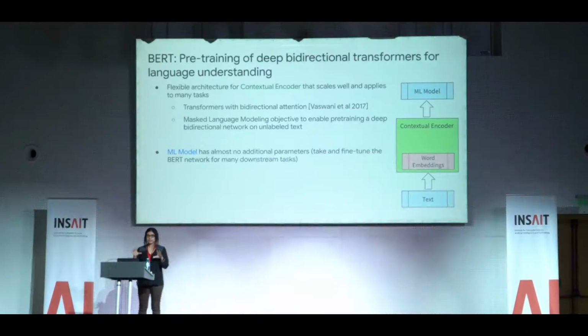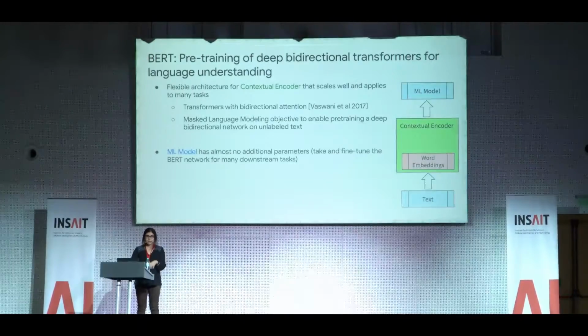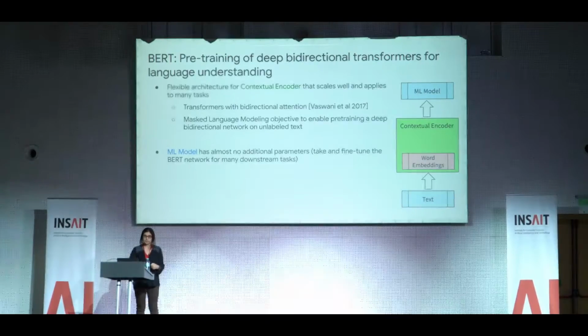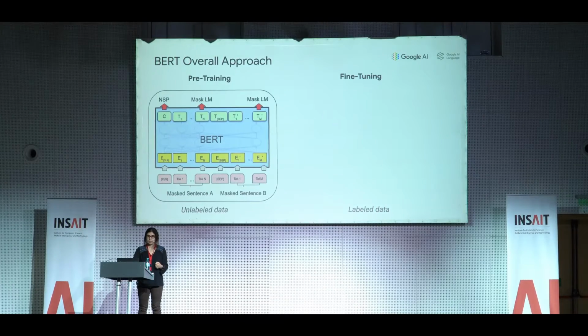If you have a very flexible neural network that represents deep vectors for every word in context, it turns out the ML model on top for our task doesn't need to do a lot. We don't need a lot of new parameters, and we can rely a lot on this knowledge learned from unlabeled text.